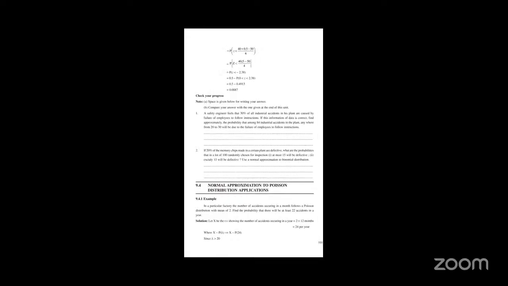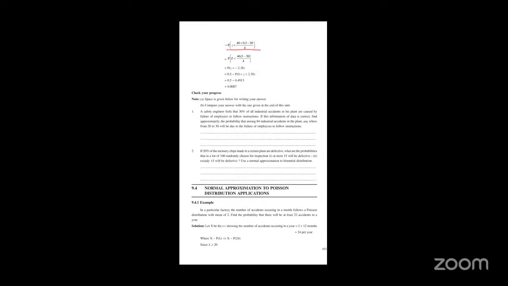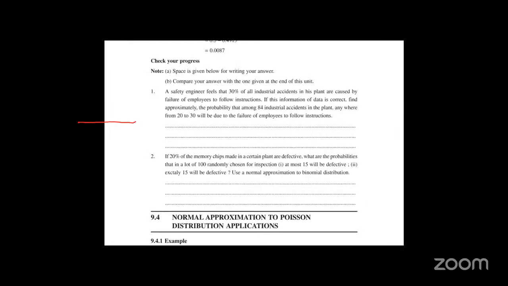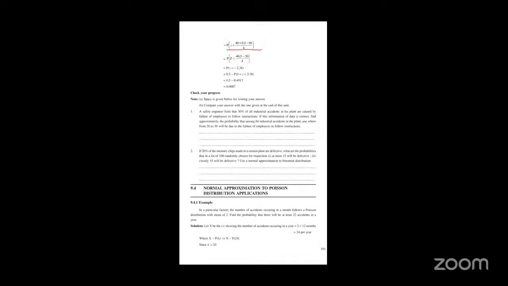So what will it become? Probability of z less than 40 plus 0.5 minus 50 by 5.